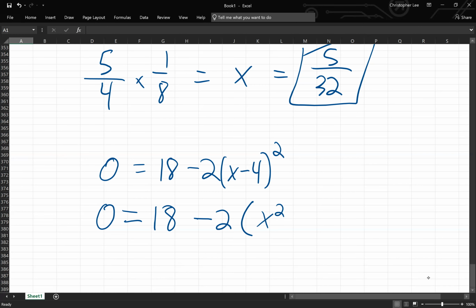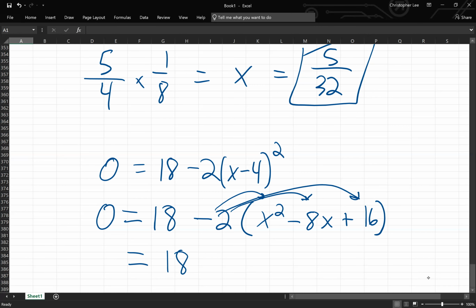That's x squared minus 8x plus 16, something like that. And then you want to distribute the minus 2 on everything. So you have 18 minus 2x squared plus 16x, very good, minus, I think, 32.